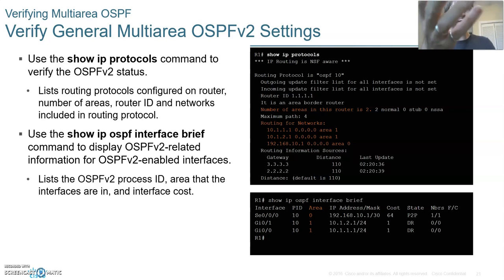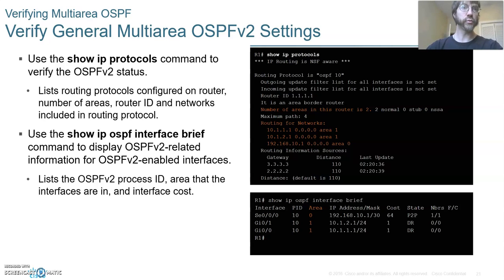Say, for example, you did accidentally declare a /25 network when you implemented a /24. You look at these two pieces of output, you realize the discrepancy, and that can be an important clue. You'll also see their cost and their state and the number of neighbors they have.